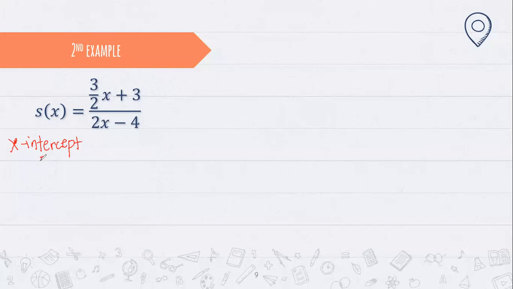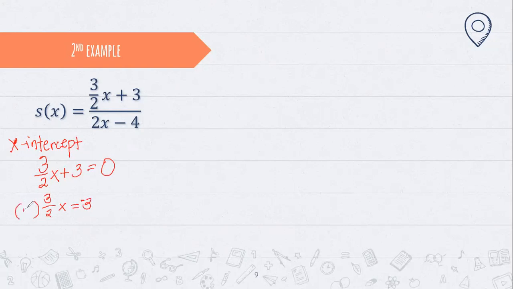Kaya nga, sir. So, kukunin natin si numerator and then equate natin sa 0. So we have 3 over 2x plus 3 equals 0. And then, isi-simplify natin. So, we have 3 over 2x is equal to negative 3.